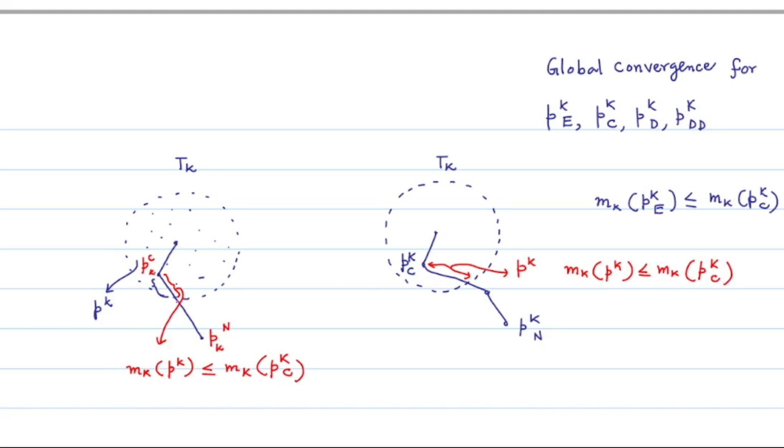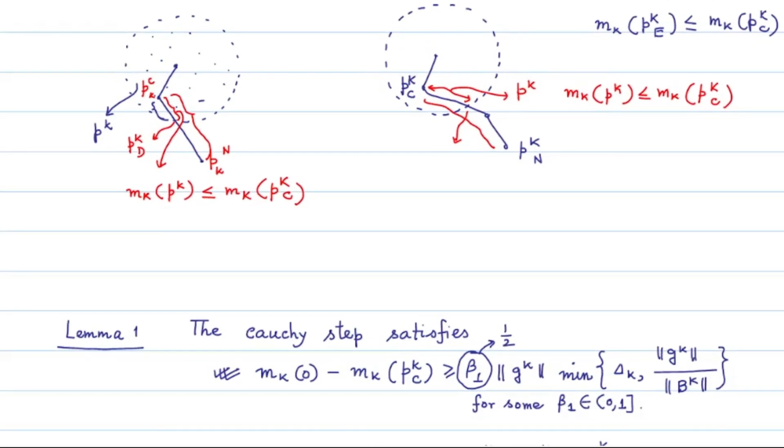We notice that in particular the dogleg point is inside the trust region and lying in between pkc and pkn, and as well the double dogleg point is located over here, which is in between pkc and pkn, and therefore at the dogleg step as well as at the double dogleg step the sufficient reduction condition holds true.